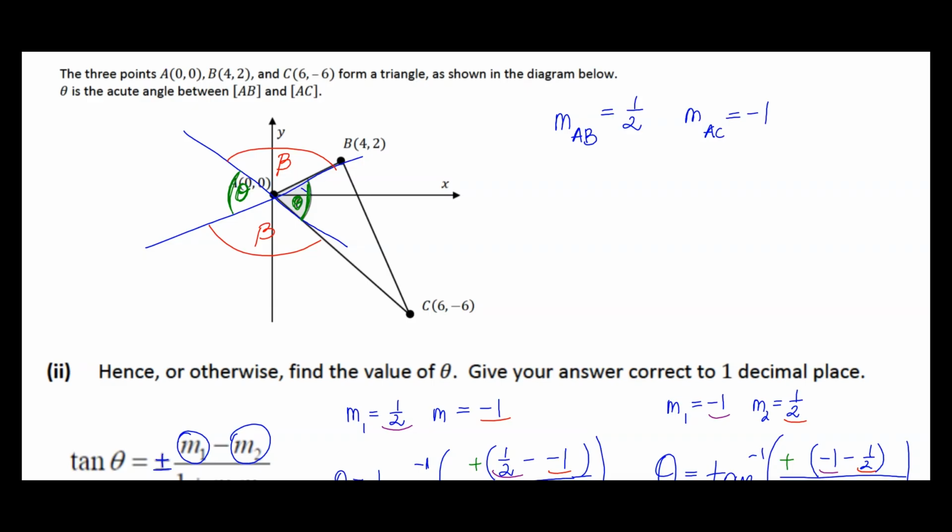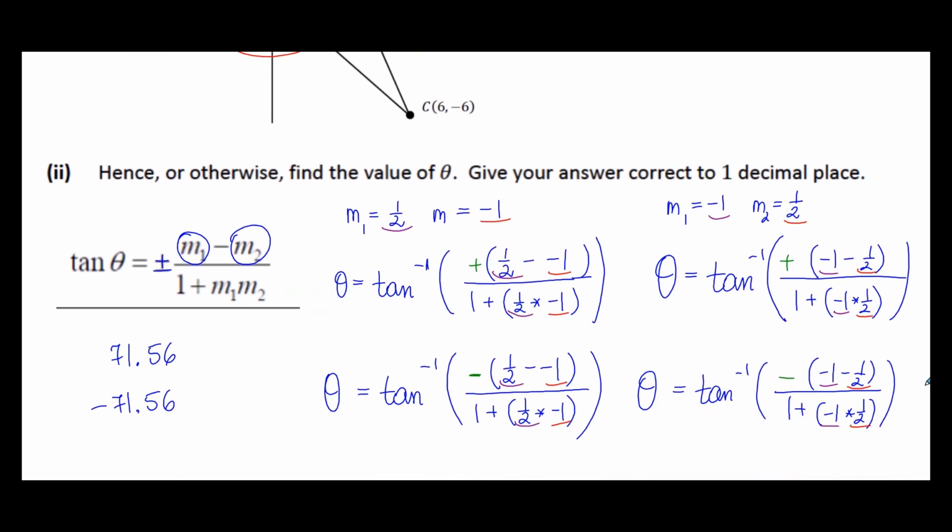The other thing we know and understand is that a straight line has an angle of 180, isn't it? So when I add both of those angles up, they should equal 180. So the question is, if plus gives acute and minus gives obtuse, why is that not the case here?